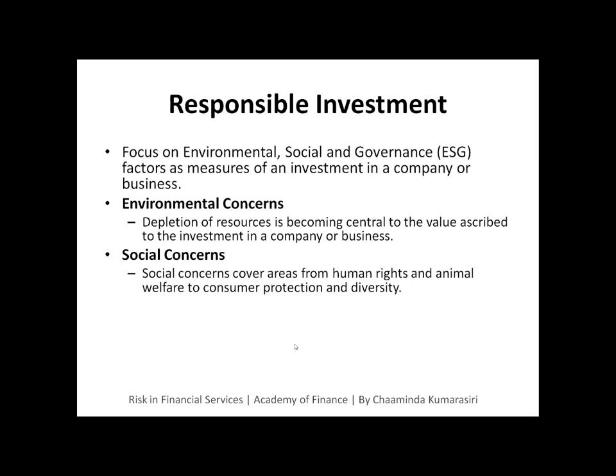Then we have social concerns. Now, this can go into a broad area, right? Because the customer demographics change, tastes change, and your interactions change.